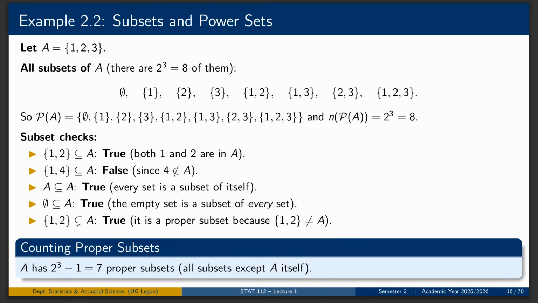And so forth. So counting proper subsets will always be what? The power of the set minus 1. We take all subsets except A itself, and that's the proper subset.